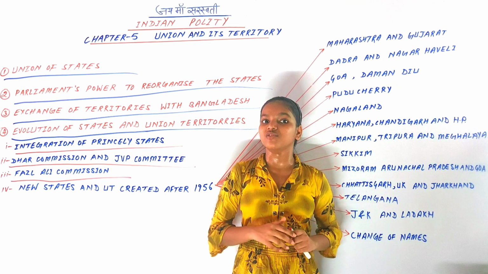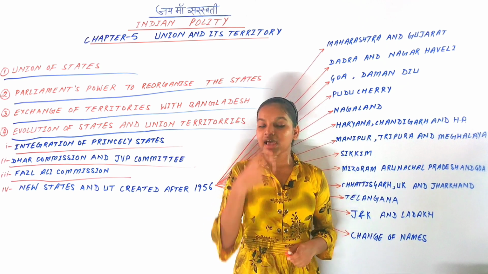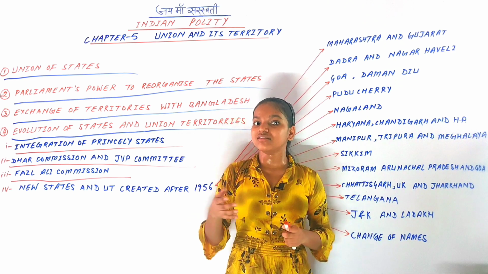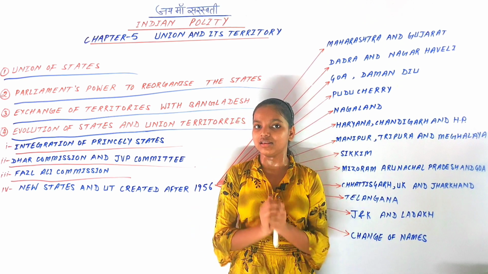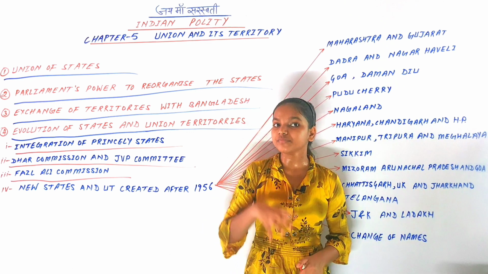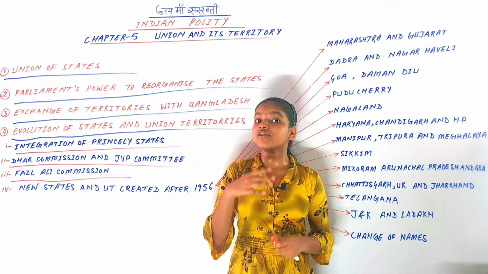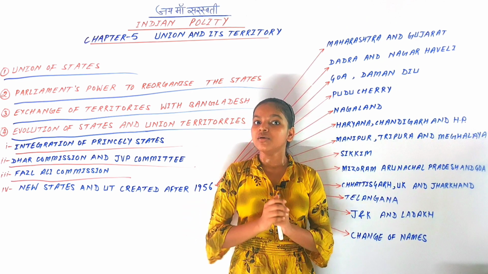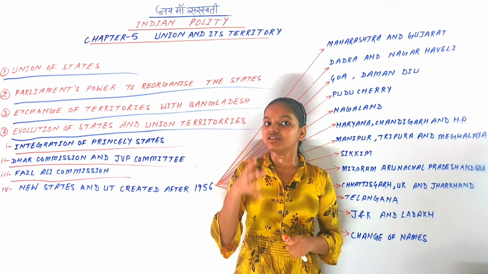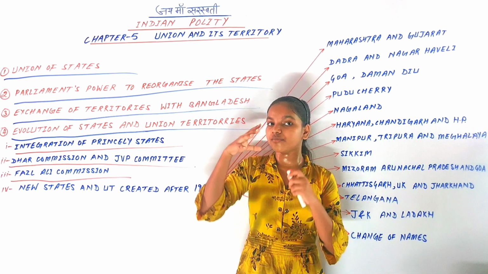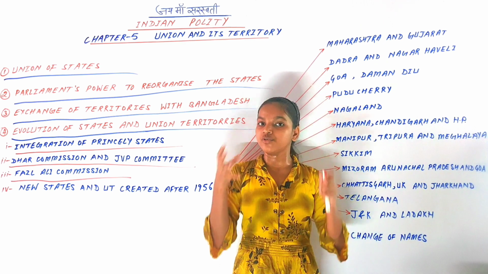For example, it created Kerala by uniting the Travancore-Cochin state with the Malabar district of Madras state, and furthermore it united the Coorg district into Bombay state, which is now Maharashtra, and it created more and more states.